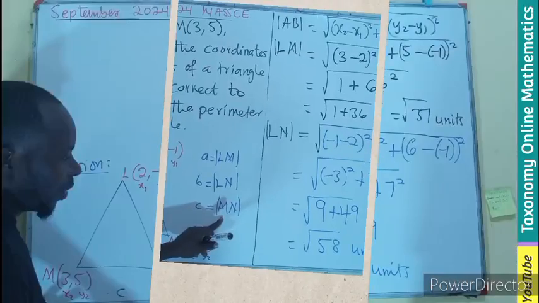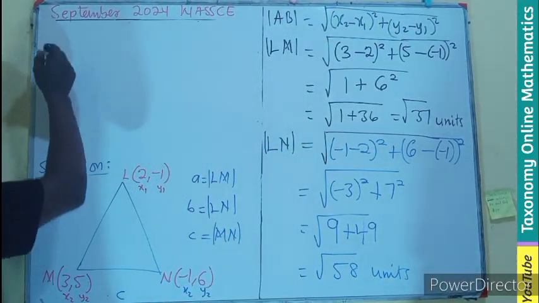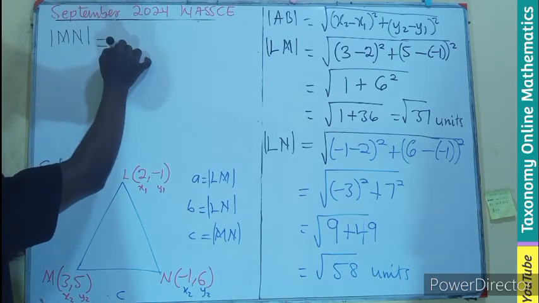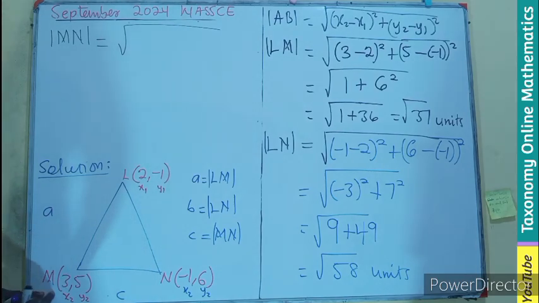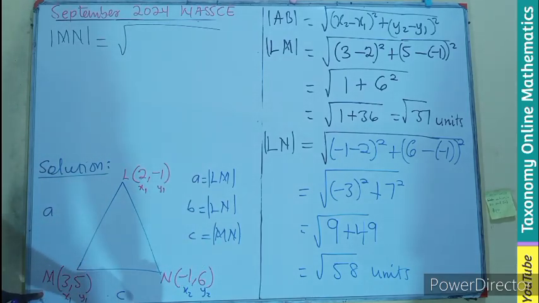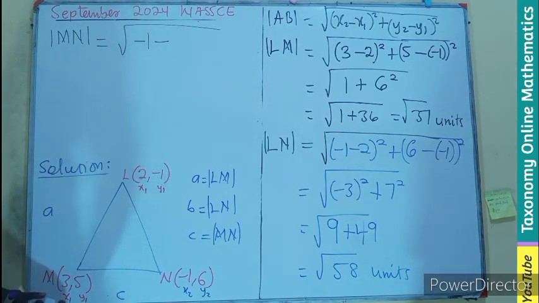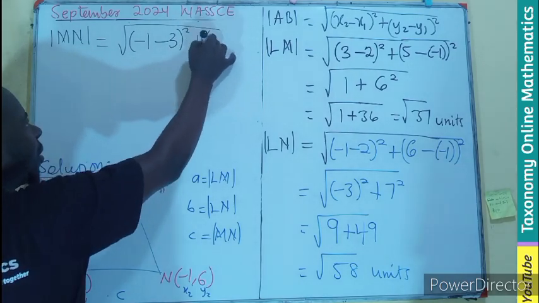Let's see how that will be. Now let's pick the length of MN. That will also use the same formula. So let's relabel this: M before N, so x1, y1, x2, y2. I begin here with negative 1 minus 3, all squared.